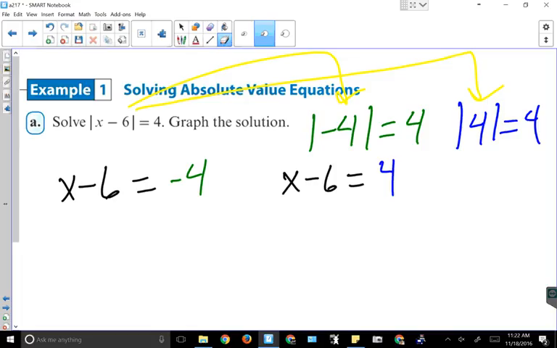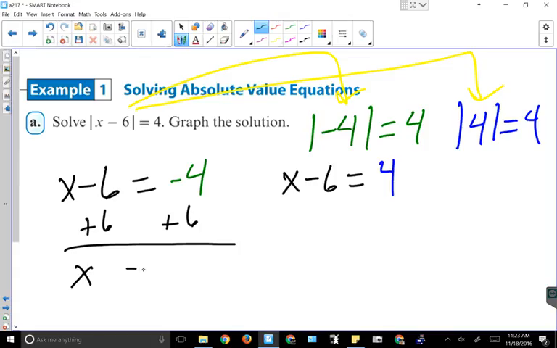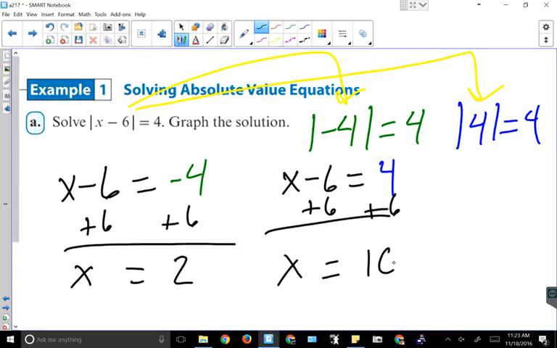So what we do is we take what's on the inside here and set it equal to the positive and negative of what's on the outside. So we go through and solve. Add 6, add 6. That means x is going to be equal to 2. Add 6, add 6. X is equal to 10.